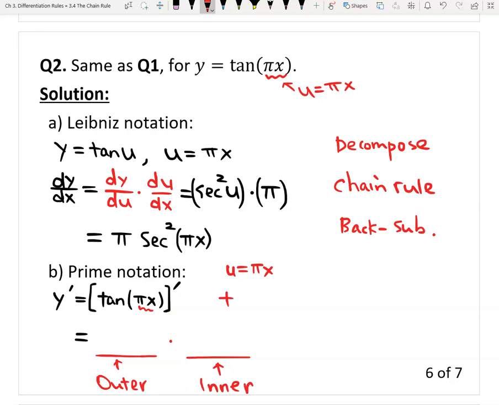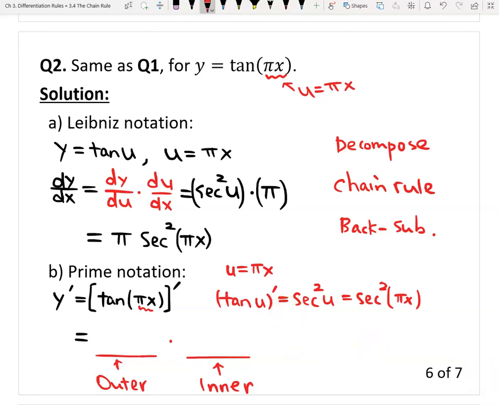All we need to put first is the derivative of the outer function, and you know the formula, which is secant squared at u. What is u? Of course, u is pi x, so here is a square.